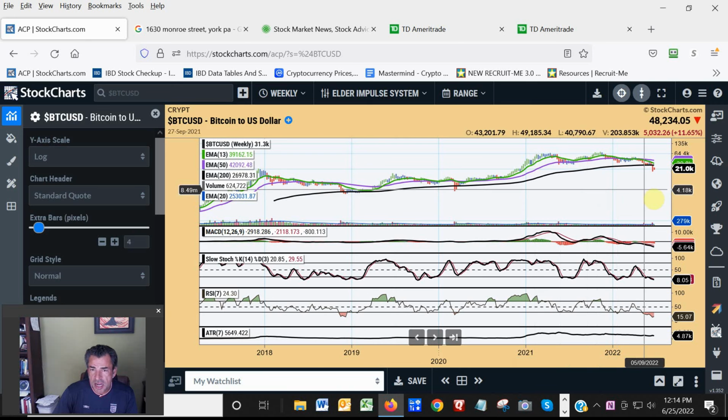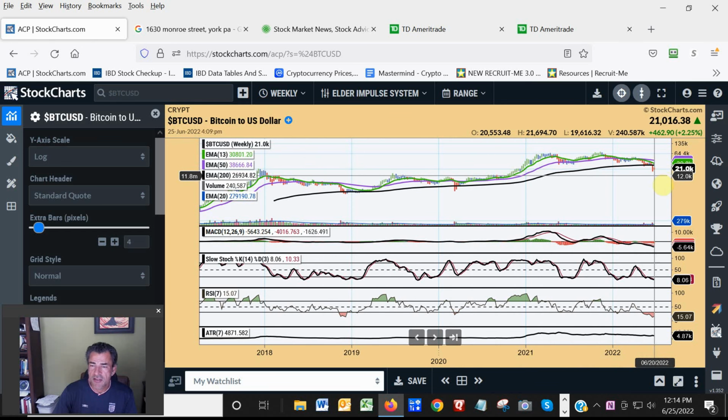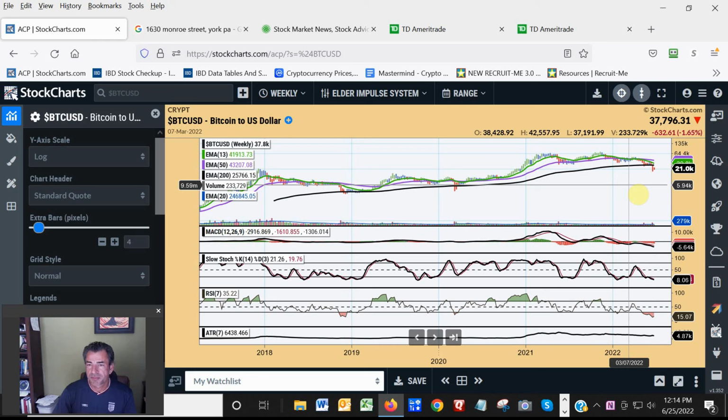It seems to be sticking around. Ideally, we want to see it stay around this mark now and consolidate here for a little while and get enough energy to go back up.